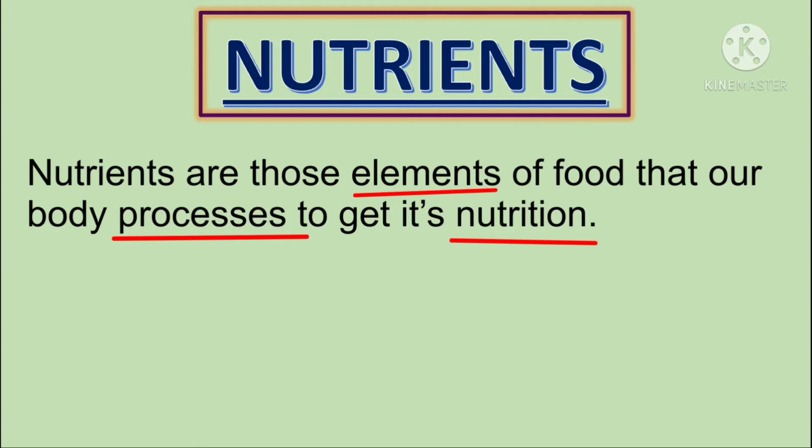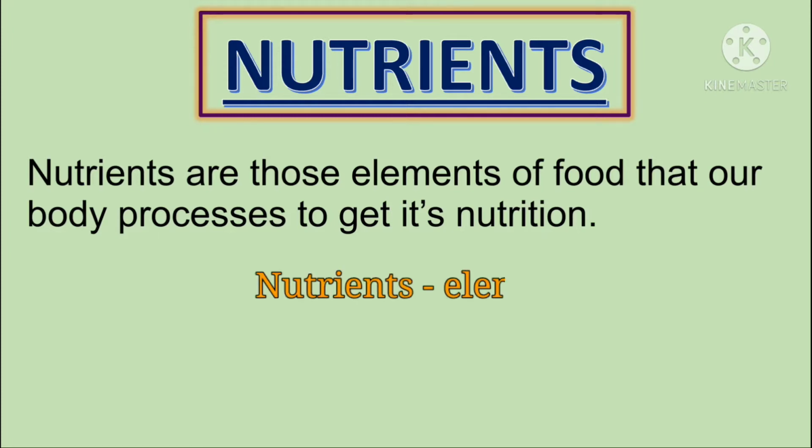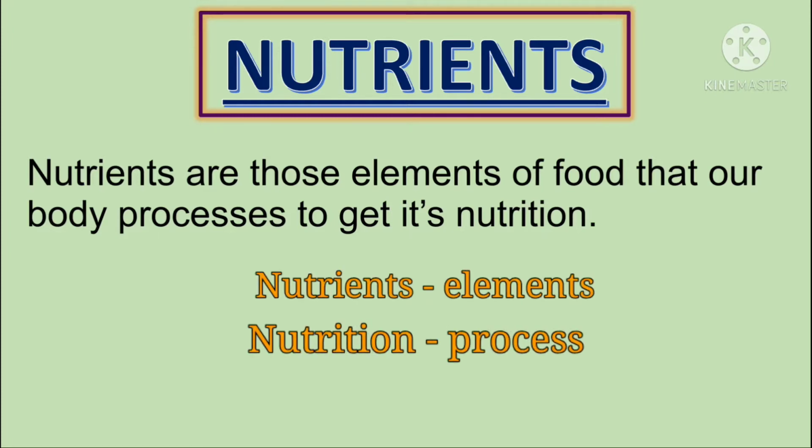So, nutrients are the essential elements of our food that our body further utilizes to get its nutrition and generate the energy needed for its survival. Hence, it is clear that nutrients are the elements while nutrition is the very process to utilize those elements.